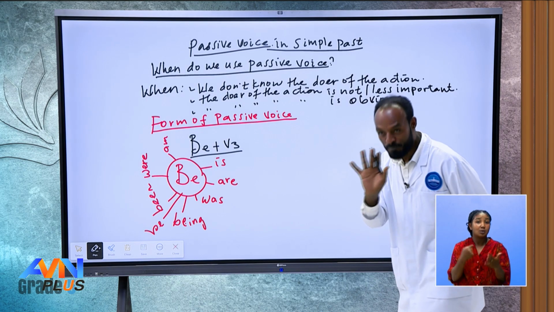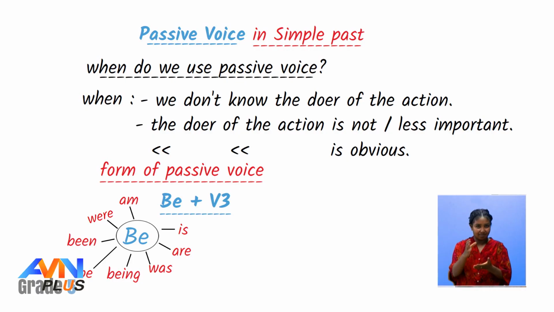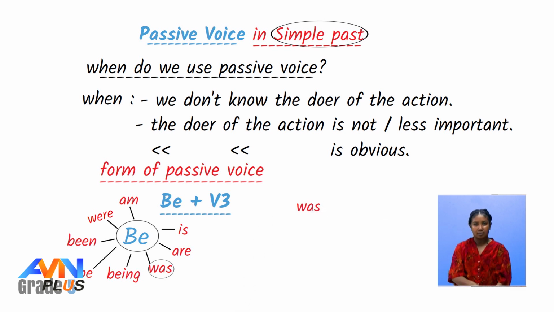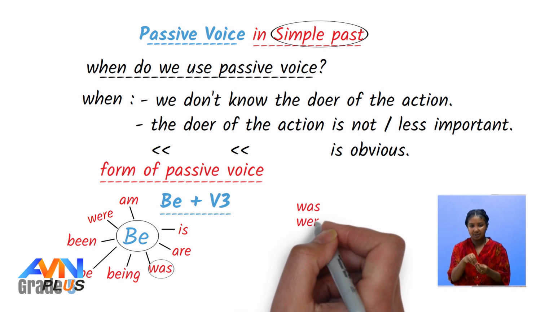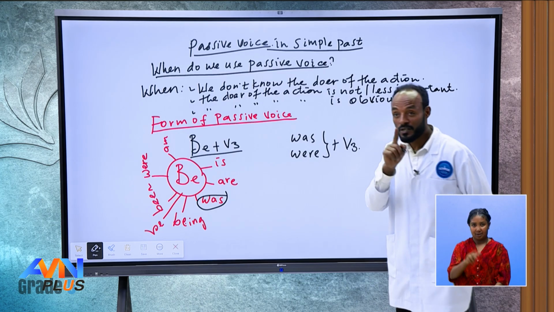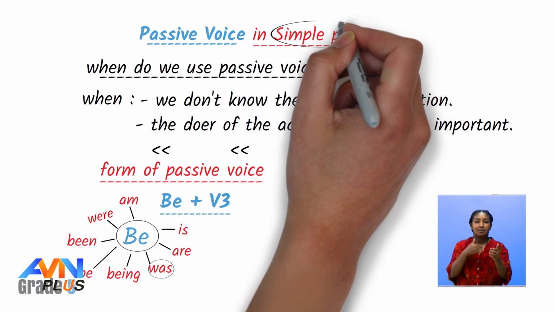Now, today we are going to talk about passive voice. So when we say passive voice, here we have to take what? Was, or were, plus verb 3, because our business is on simple past.